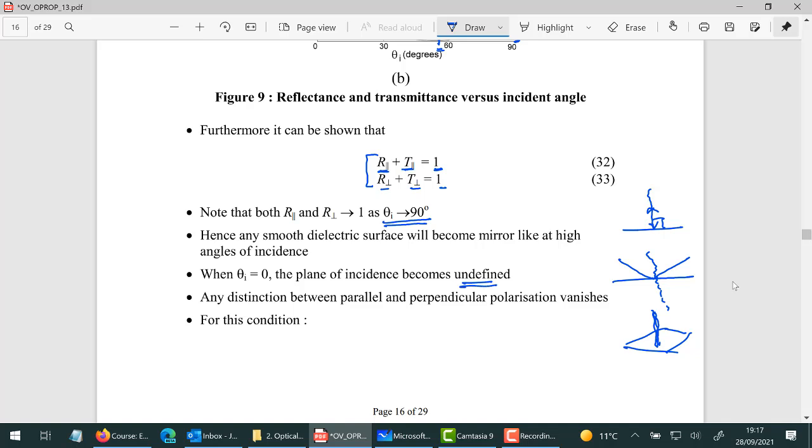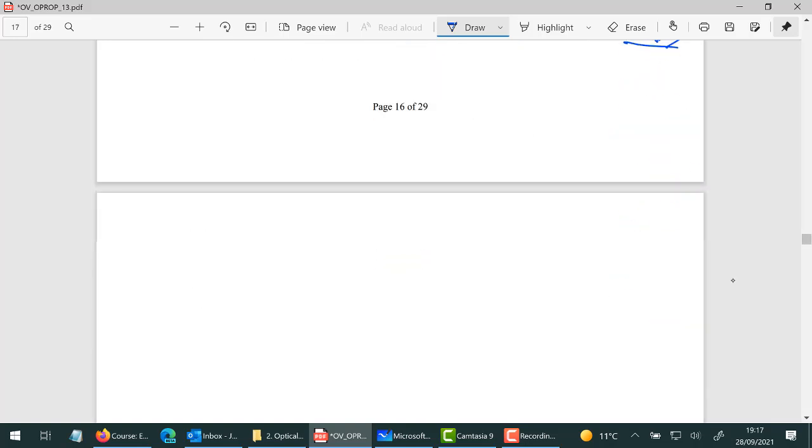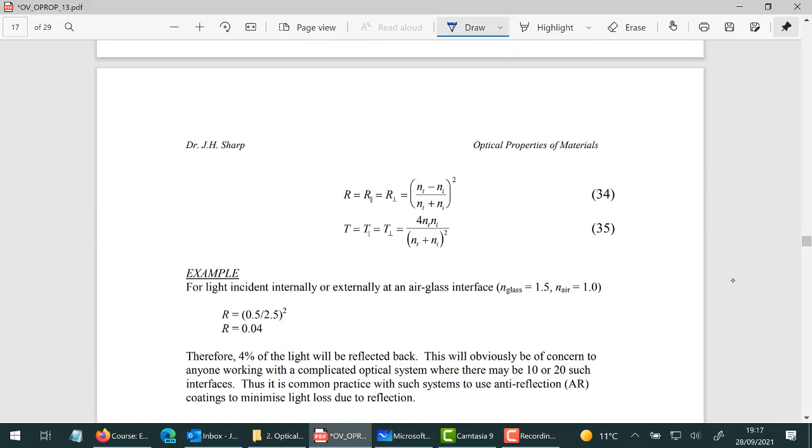And for that particular condition, we can simplify it because all the sines and cosines of zero will be either 1 or 0. And so we can simplify the value for the reflectance, capital R, which will be, as I say, the same for parallel or perpendicular because it's undefined.